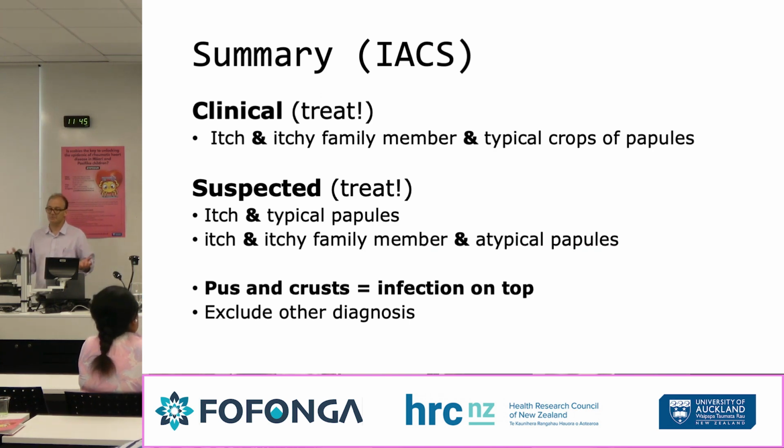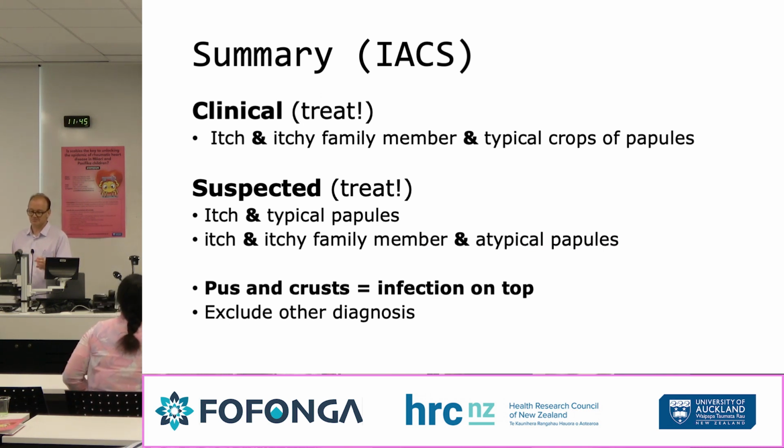So here's a summary, because the IACS criteria are, I think, unnecessarily complicated. For clinical scabies, it's itch, an itchy family member, and typical crops of papules in a typical distribution.